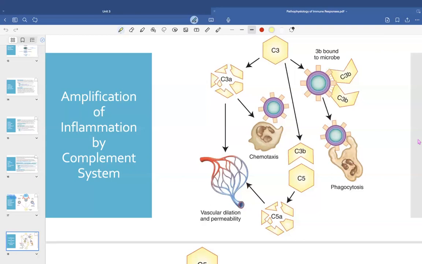Think about what a sed rate is. It's an erythrocyte sedimentation rate. Okay, I get the protein part. Yeah, the protein versus the reactant part makes sense.